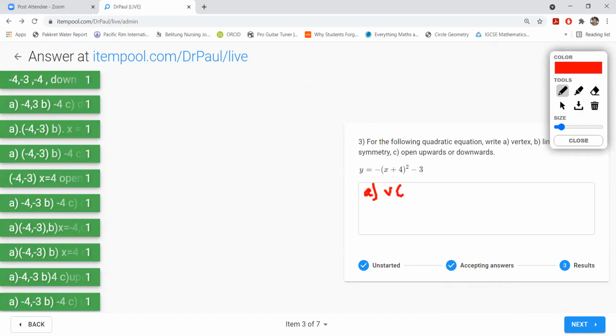So the vertex will be -4, -3. It will open down, and the line of symmetry is x equals -4. That's the line of symmetry, which is this number here. You see, it's the same as this one, and opens down. So that's what you should have gotten for that one.